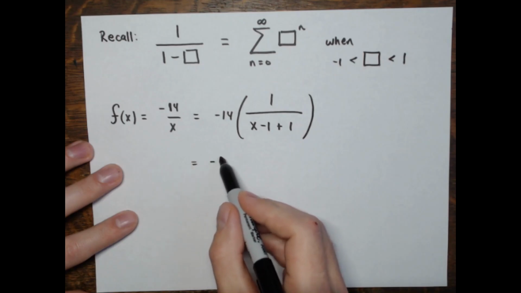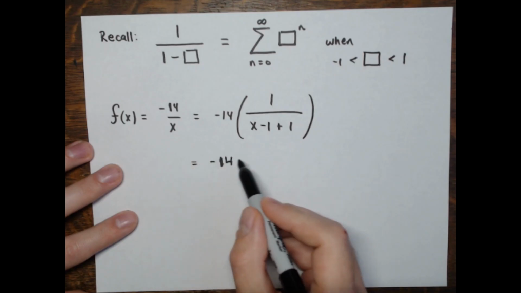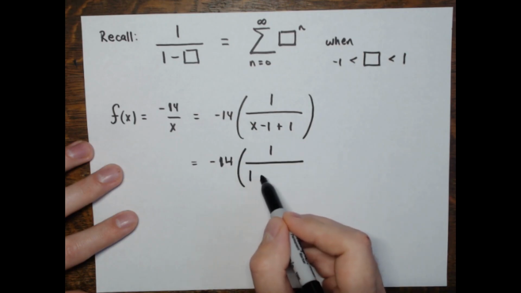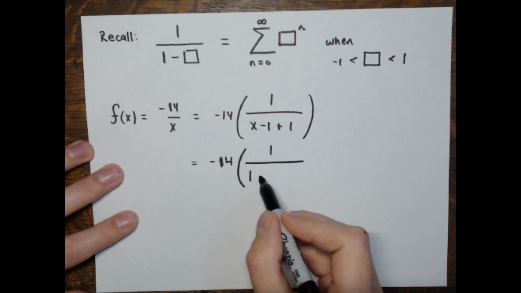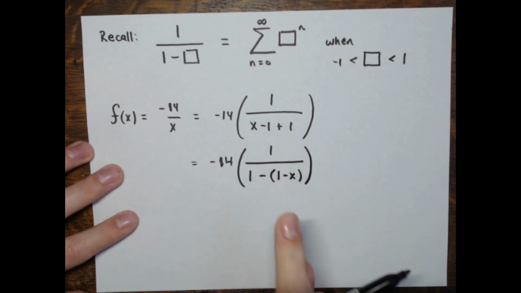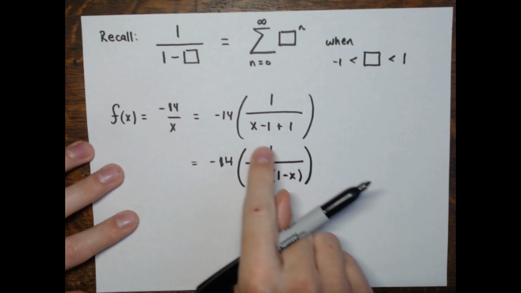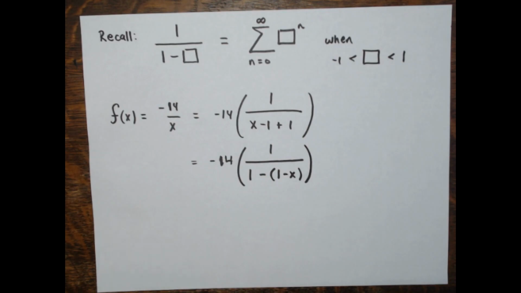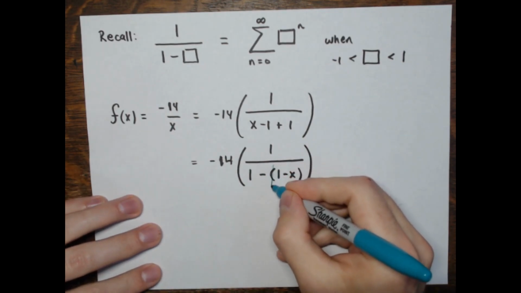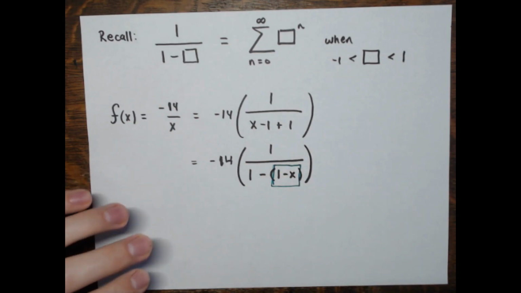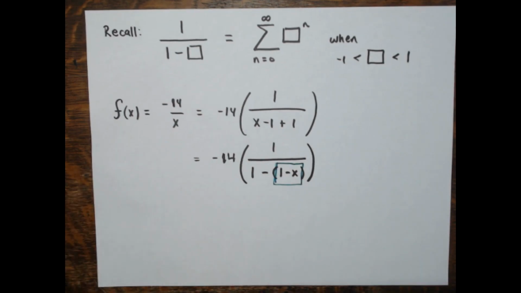All right, so this is negative 14 times 1 over, and then I'll put this 1 in front, and then factor out a negative 1 from this, minus the quantity 1 minus x. That's 1 minus 1 is 0, and then plus x will be x. So this function here is exactly the same as that one. And now you see the expression in the block is 1 minus x, something that's going to give me a center of 1 when I write it as a power series.